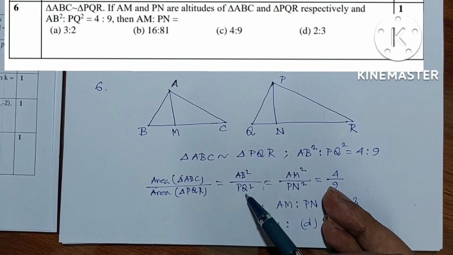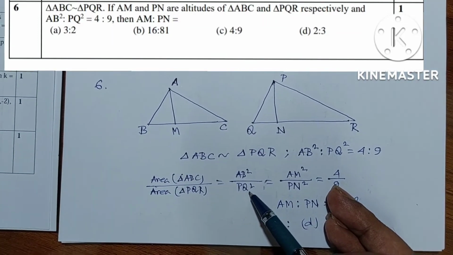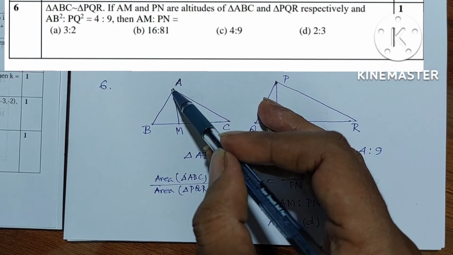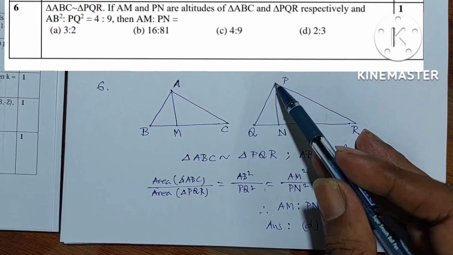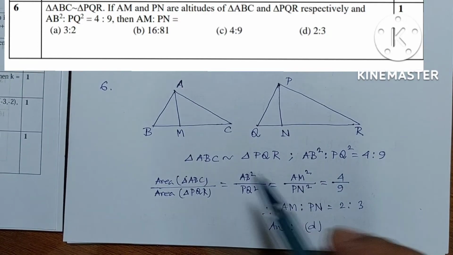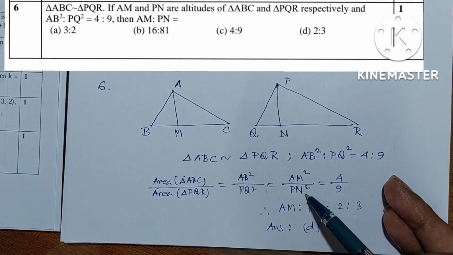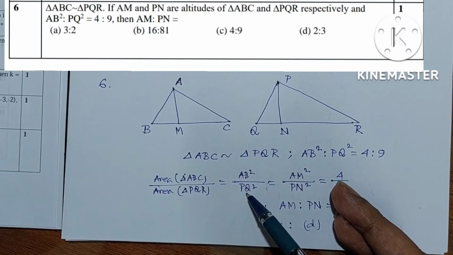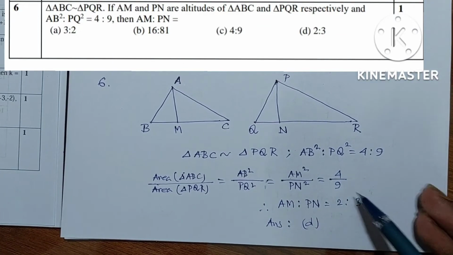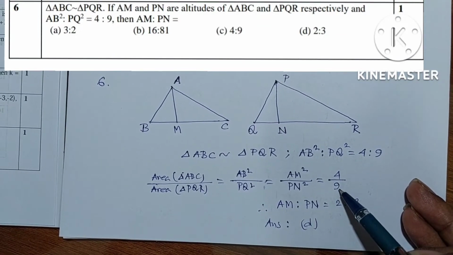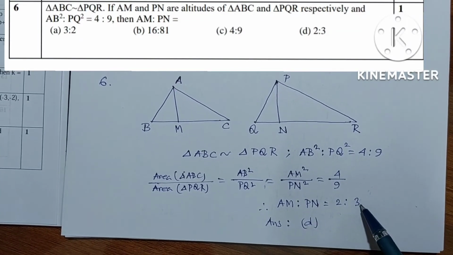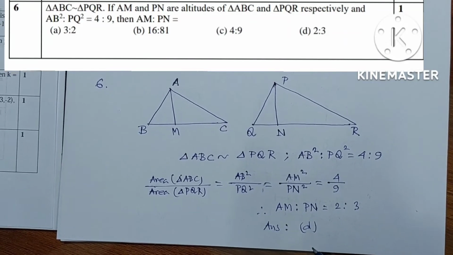That means AB²/PQ², and you also know that it equals the square of the ratio of their corresponding altitudes also, that means AM²/PN². Since AB²/PQ² is 4:9, AM²/PN² is also 4:9. So AM : PN = 2:3. So your answer is option D.